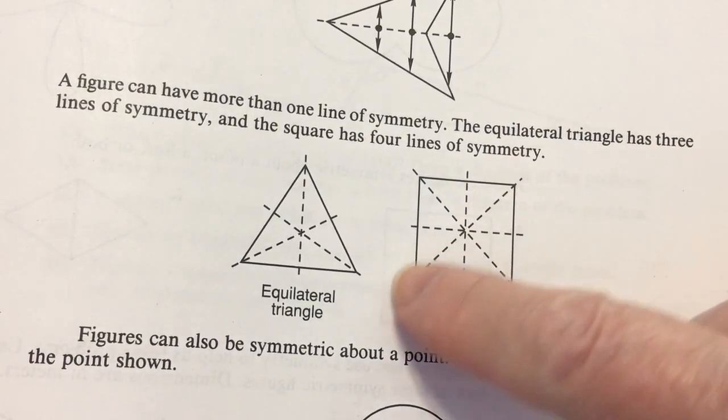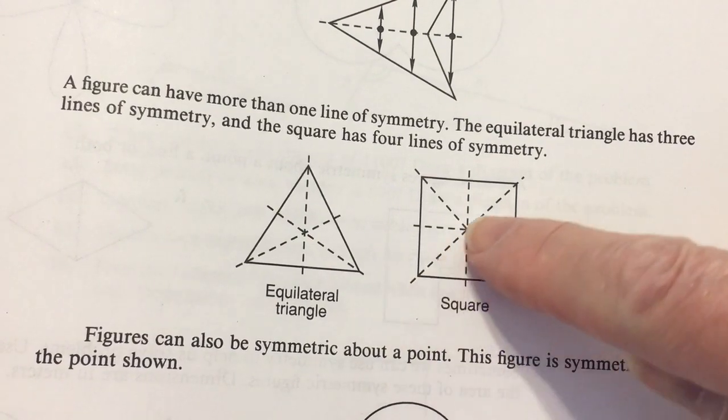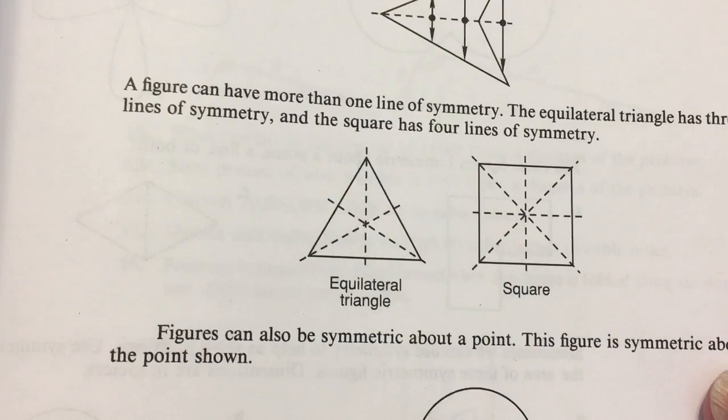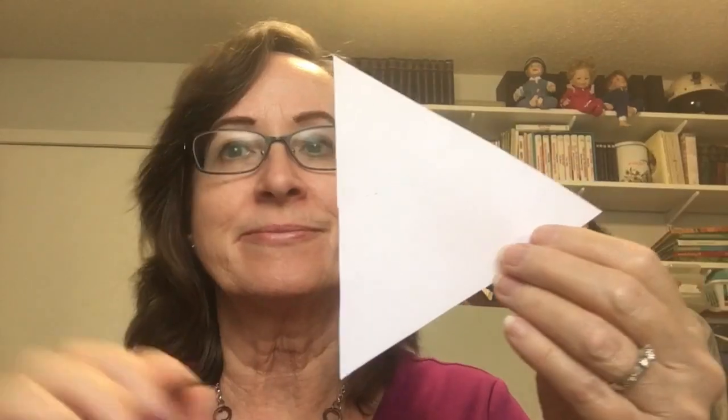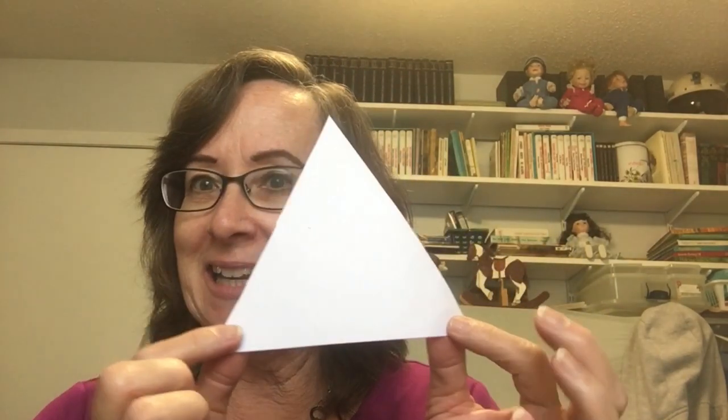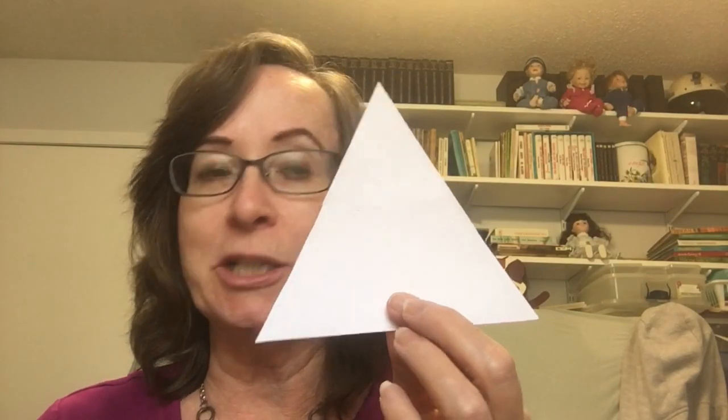Likewise, here we have a square, and it has 4 lines of symmetry. So I'm going to fold some shapes for you. The first shape we saw was an equilateral triangle. So I was able to make an equilateral triangle using my compass, and I'll show you that another time. But here we have an equilateral triangle, which means that all of the sides are the same length.